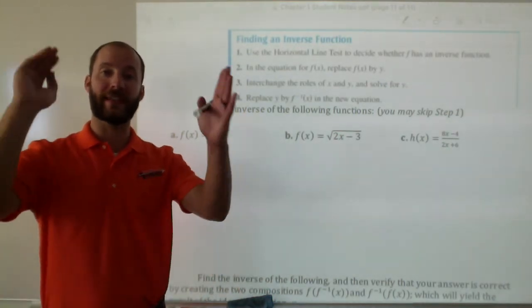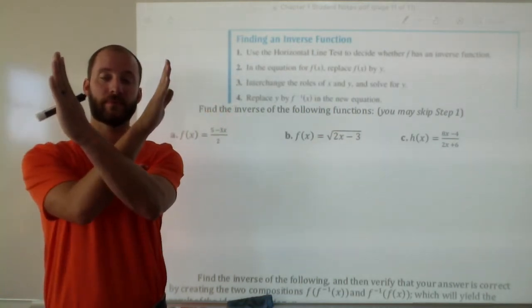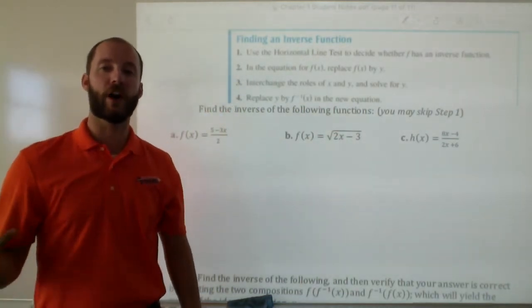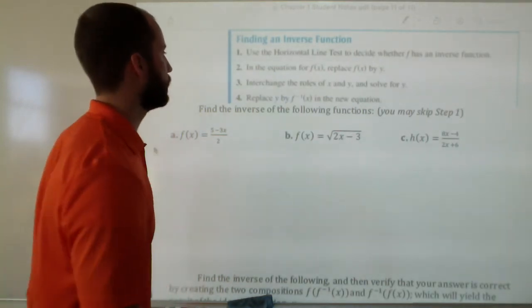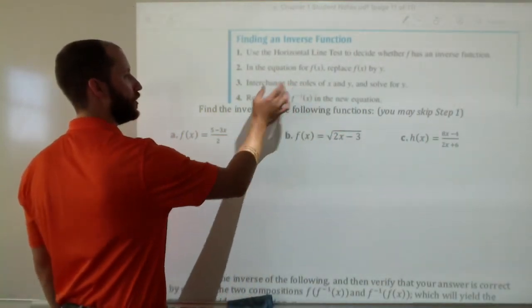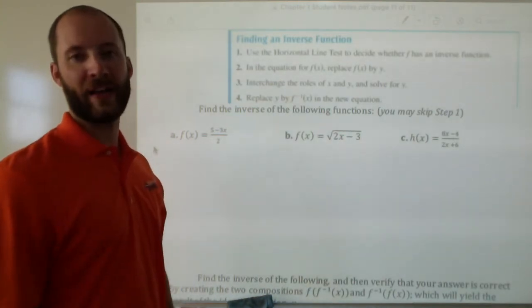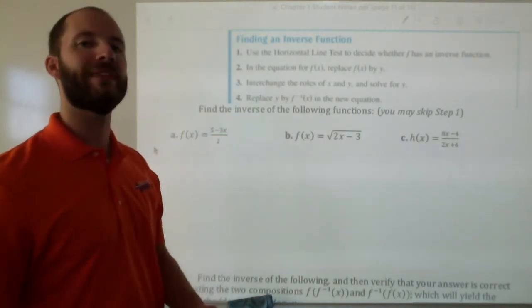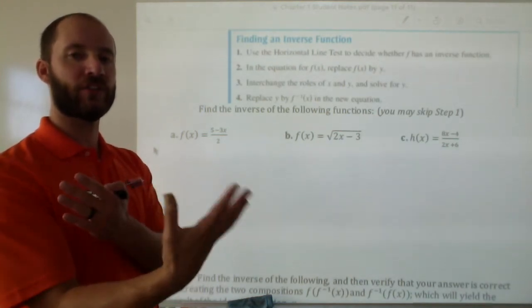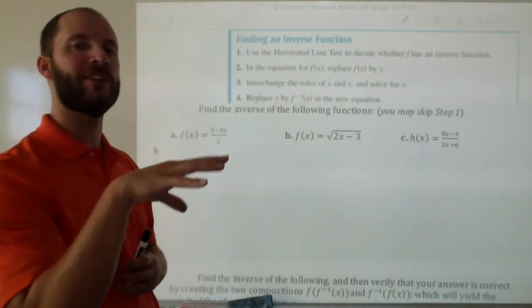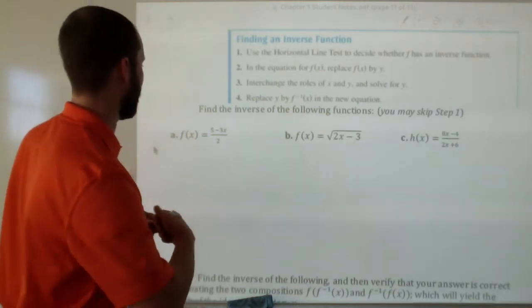And then we're going to take x and y and flip them. That's the first step to undoing a function. You take the inputs and outputs and you reverse their roles. And then you solve for y. What that does is undo everything that was previously being done to x.